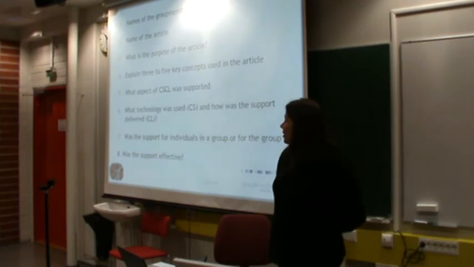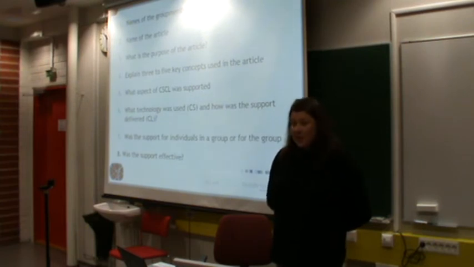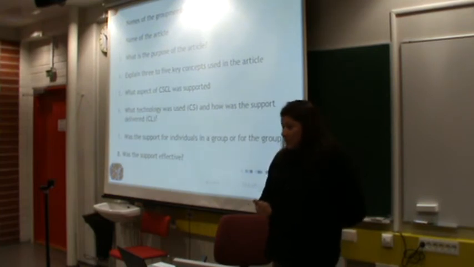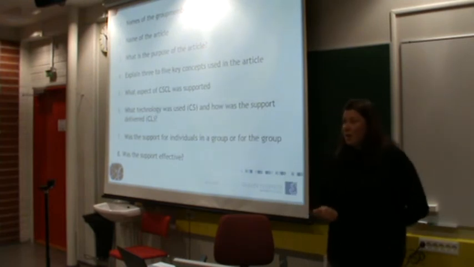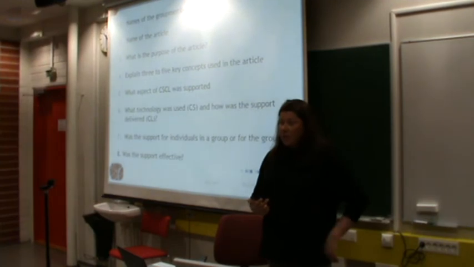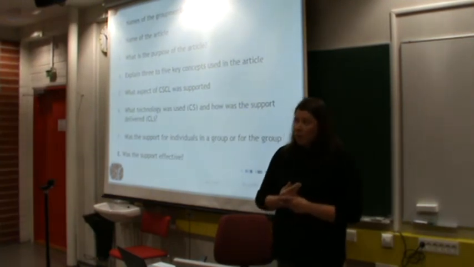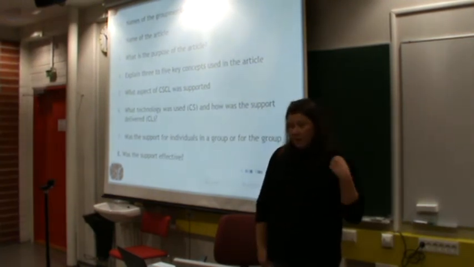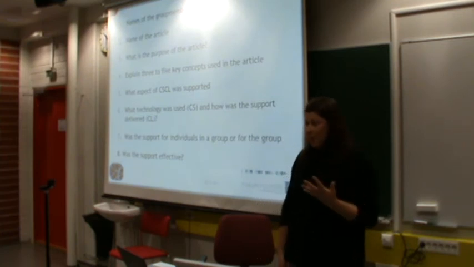And then explain 3 to 5 key concepts that are used in the article. What I mean is that, because those articles are about CSCL, they have provided some kind of support for a specific aspect of CSCL. For example, argumentation, group awareness, socially shared regulation of learning, group awareness and reflecting, and that kind of issues.